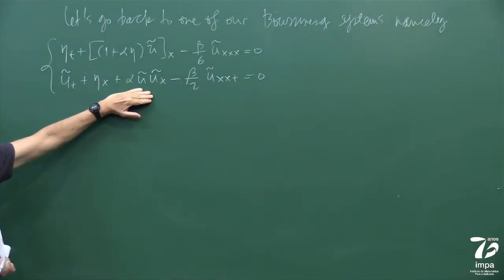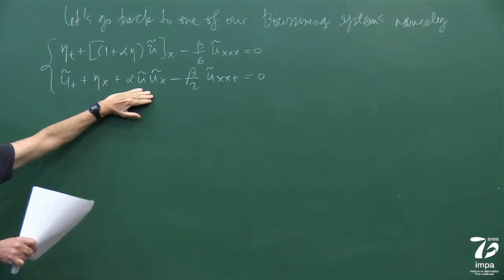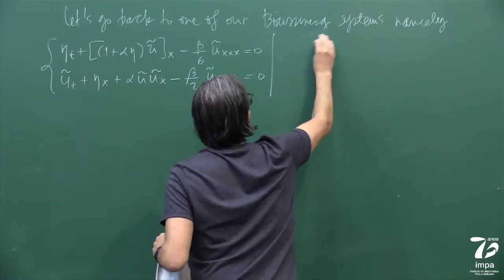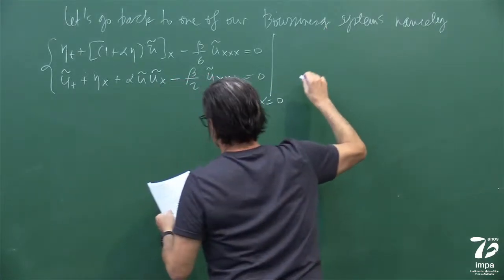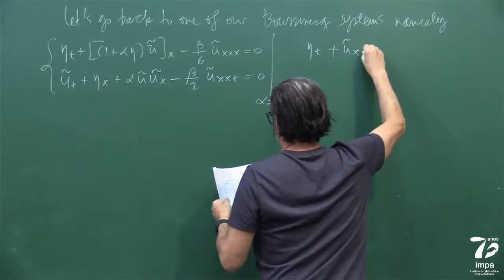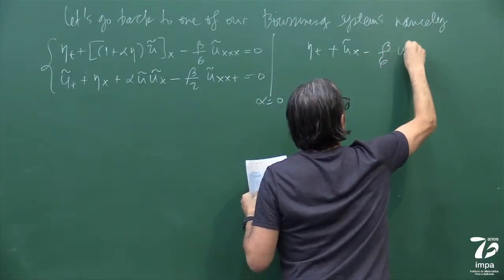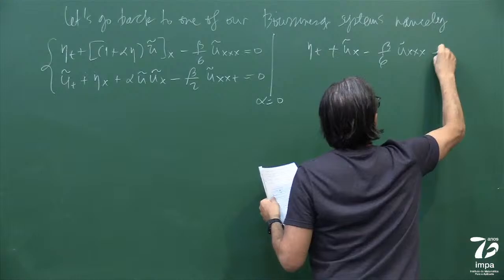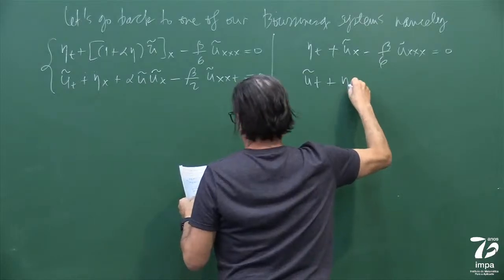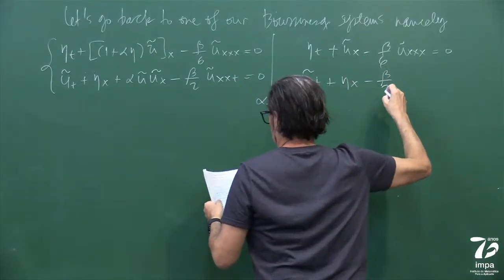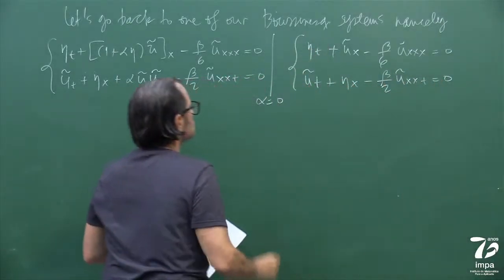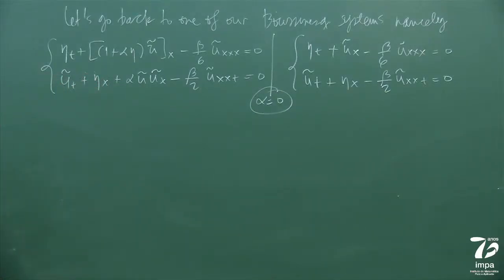So let me first try to understand its linear version, right? The linear version, which is basically put like this, alpha equal to 0, is this system. Okay, so all we made was alpha equal to 0.